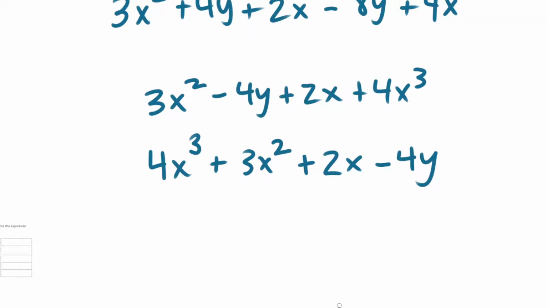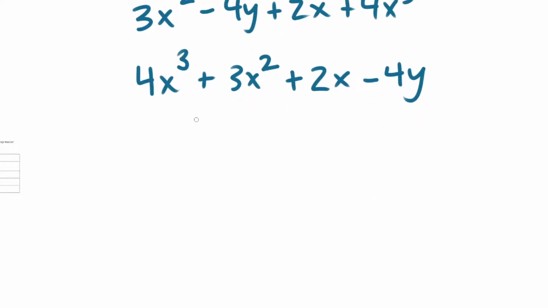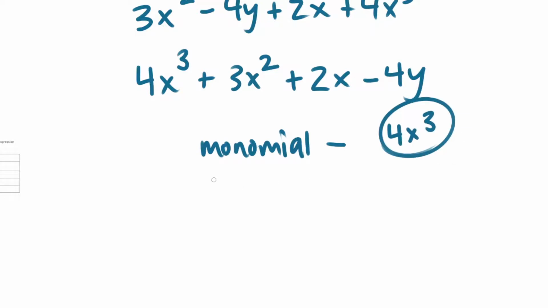Some more things to know are the other terms, not the vocabulary terms. A monomial, like a monogram, is a polynomial that has only one term. So this would be a monomial. A binomial has two terms, so that would be something like 4x cubed plus 3x squared.